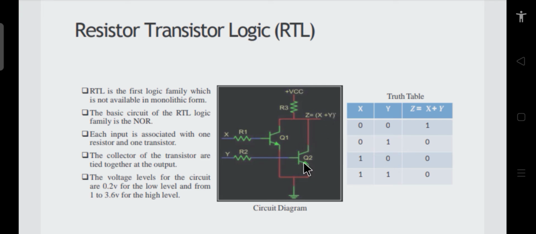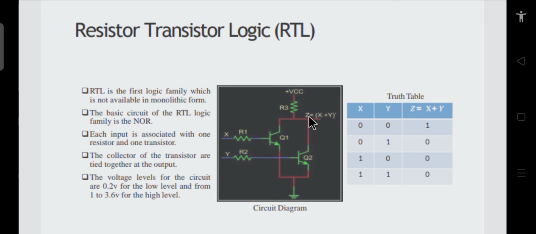Similarly for this one. If you are applying 0 0 to the inputs, this means that it is less than VBE for both of them, so the transistors Q1 and Q2 are both off in this case. If both of them are off, then no current flows from the VCC.